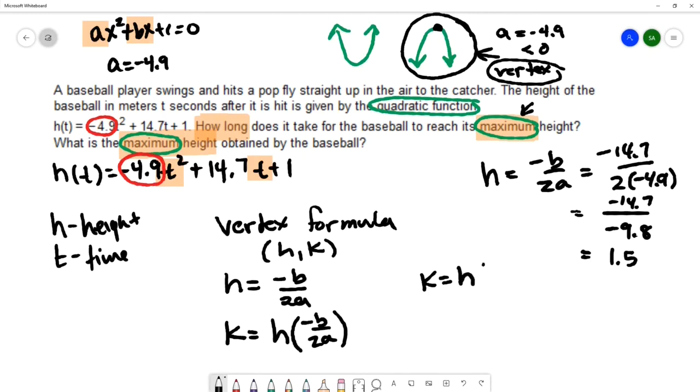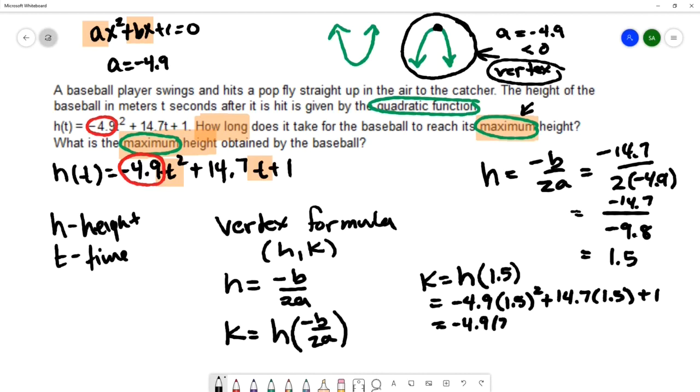So I'm substituting 1.5 into the height function. That's negative 4.9 times 1.5 squared plus 14.7 times 1.5 plus 1. So I need to do 1.5 squared. That's 2.25. 14.7 times 1.5 will give me 22.05.